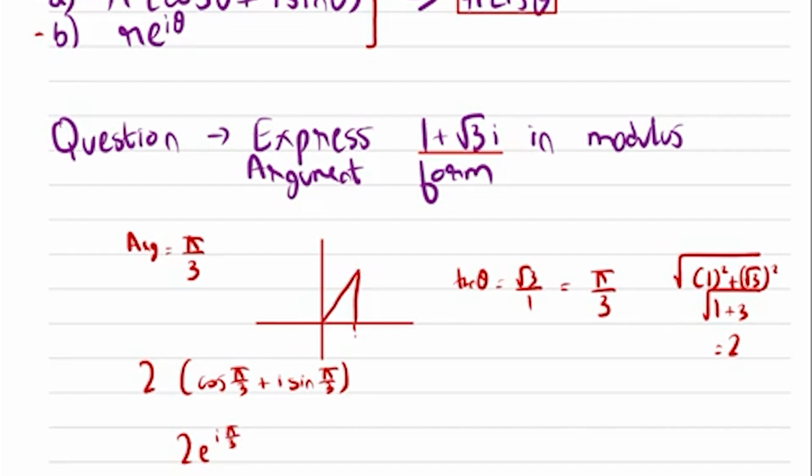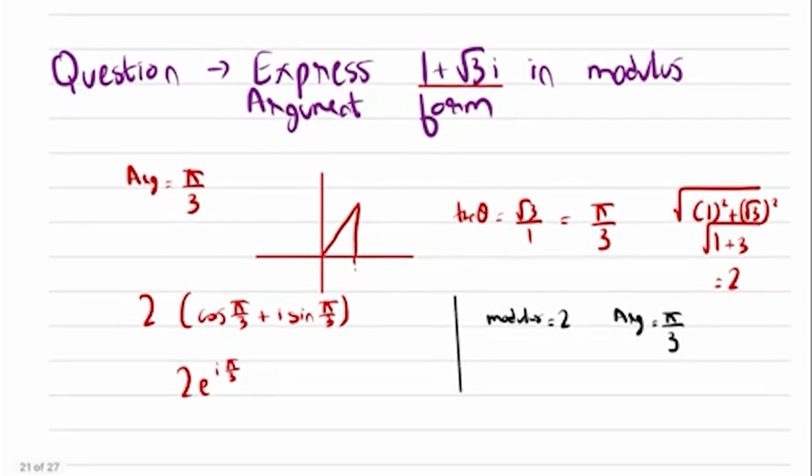A different type of question can come like this. Let's suppose examiner gives you that the modulus is 2 and the argument is pi upon 3, and they ask you the complex number. So you're going to write the modulus argument form: 2 cos pi upon 3 plus i sin pi upon 3. First you write like this. Then what's the value of cos pi upon 3? Find in the calculator.